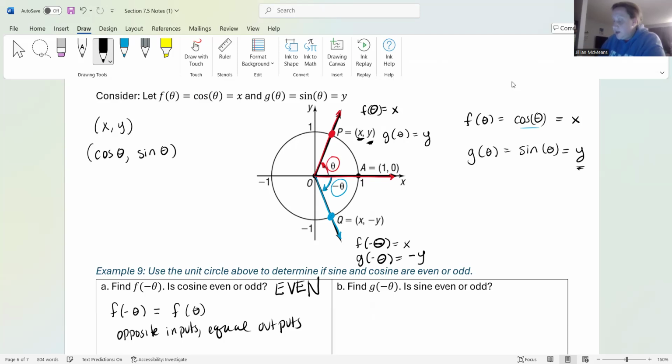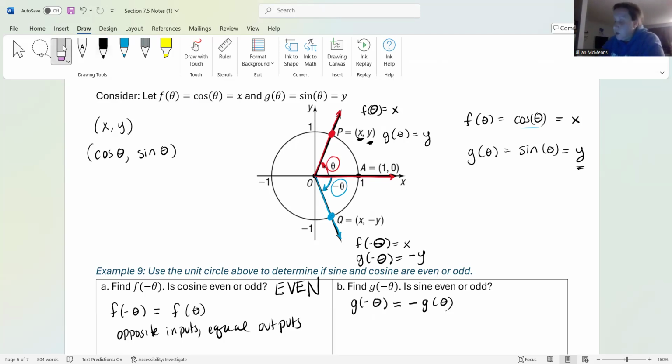So we had that g of negative theta equals negative g of theta. What we had here was opposite inputs, positive theta and negative theta, and the outputs were y and negative y.